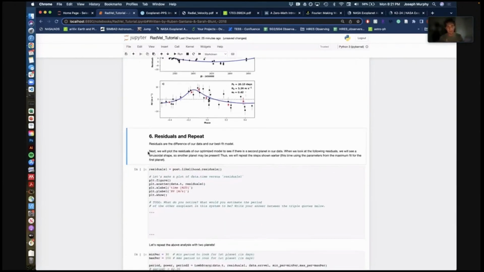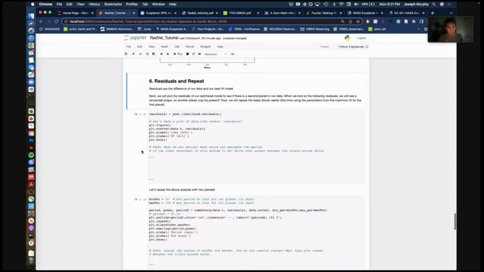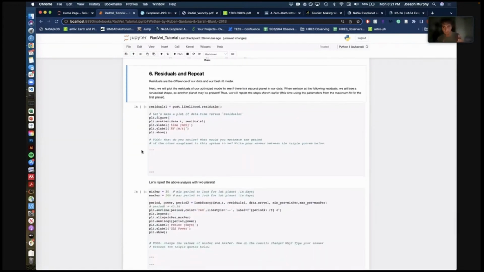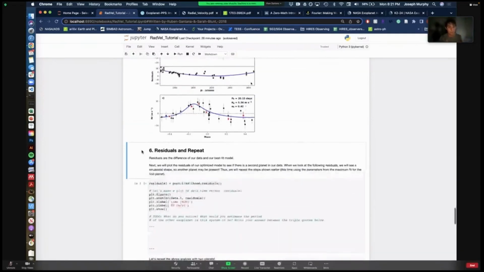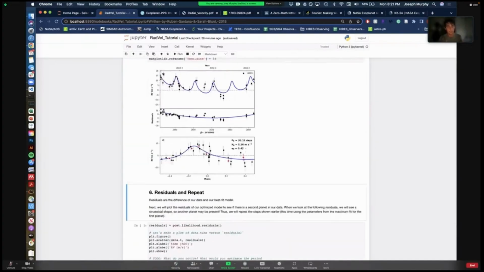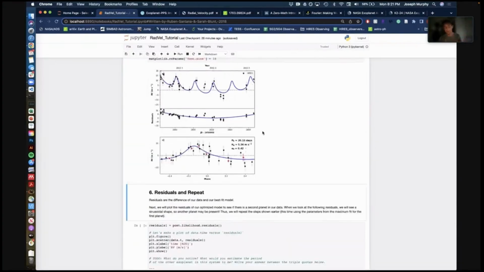I think I'm not going to have time to go into all of the rest of the notebook, but it should be fairly self-explanatory. What you're going to do now is another common step in radial velocity analysis. Now that we've found one signal in the data, maybe there are others hiding in the data as well.